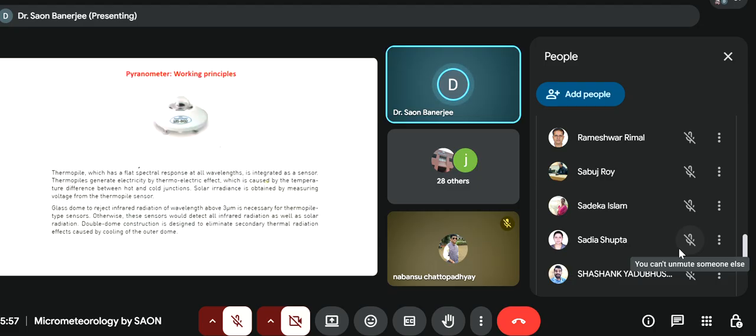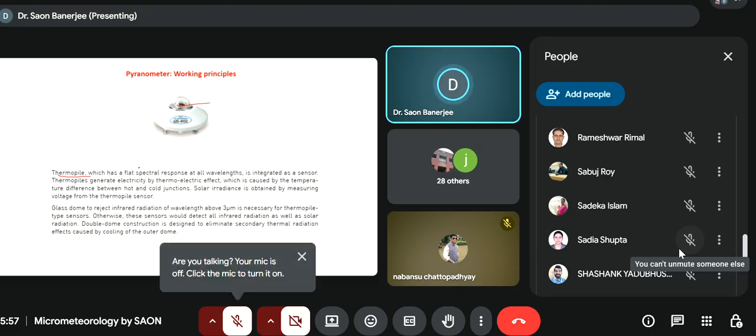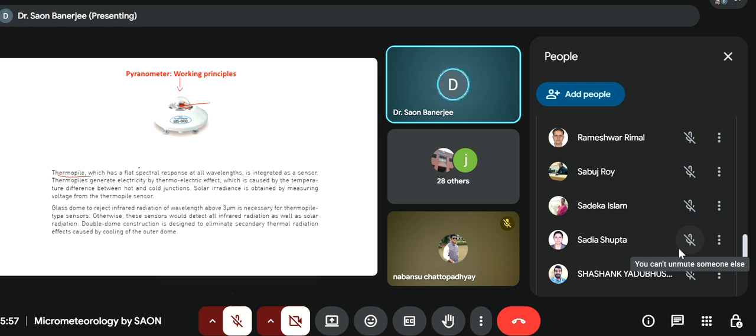In the pyranometer, the thermopile sensors are in this portion. This thermopile sensor, due to the radiation, through the thermoelectric effect, the temperature difference will give you the amount of radiation.